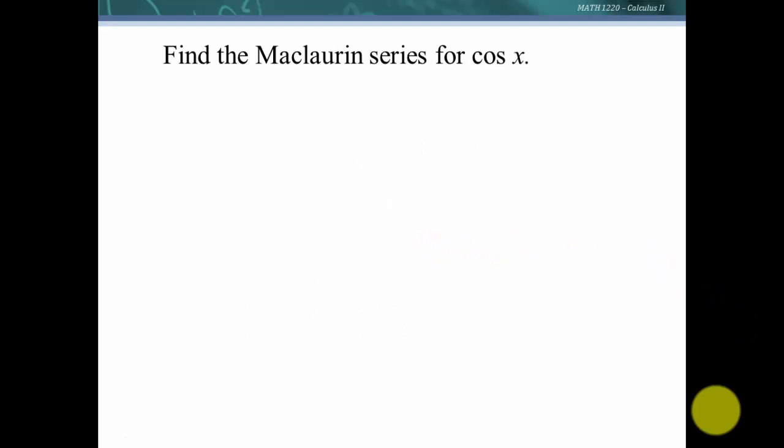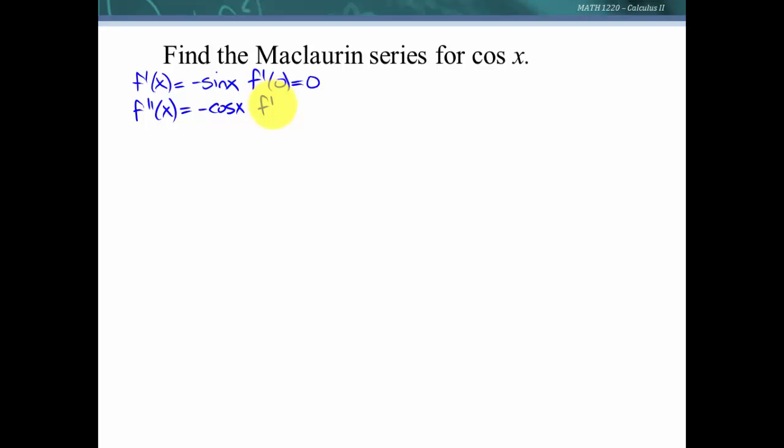So let's find the Maclaurin series for cosine x. It's a Maclaurin series, so we know it's centered at 0. So we're going to need some derivatives. f prime of x is going to be negative sine x, and evaluating that at 0 is going to give us 0. f double prime of x is going to be negative cosine x.